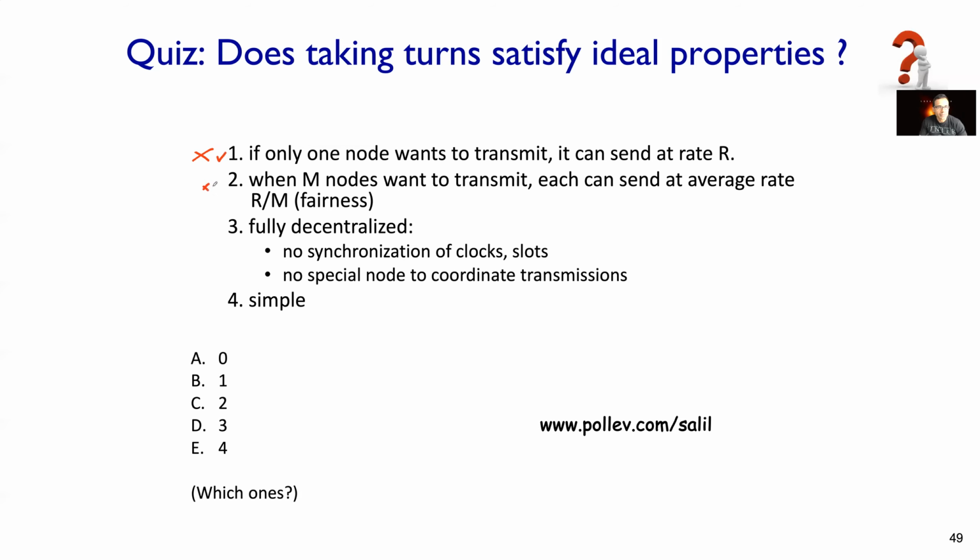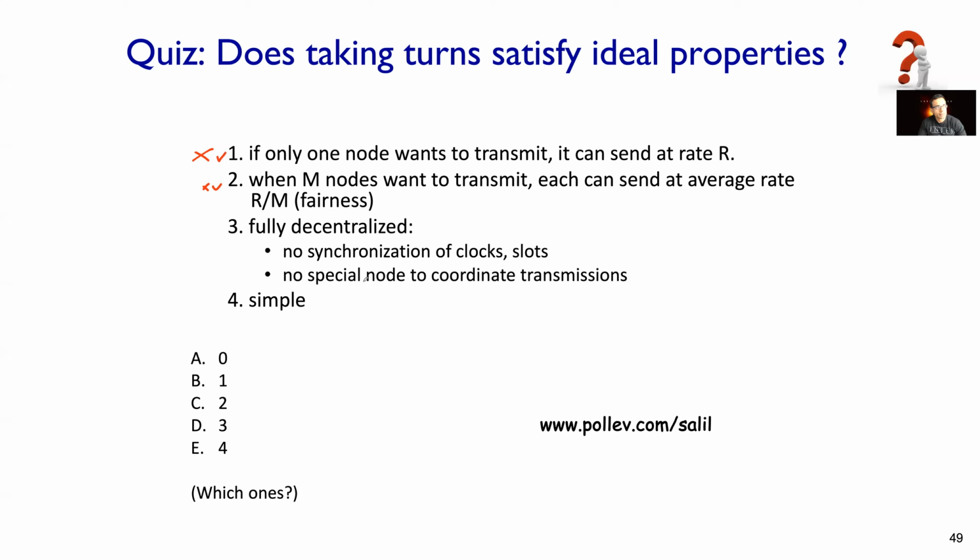So it really depends how you're factoring in the overheads. It's a bit imprecise, unfortunately. Again, if you had explained your reasoning, I would agree with either of these answers, provided you're giving satisfactory explanations. Is it fully decentralized?